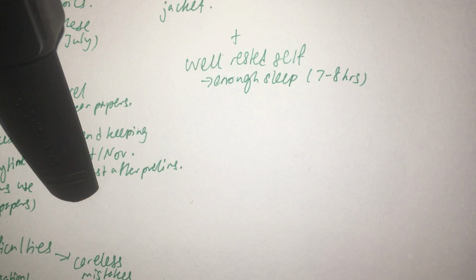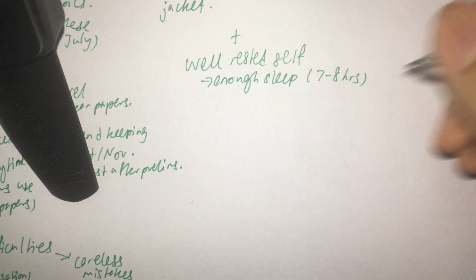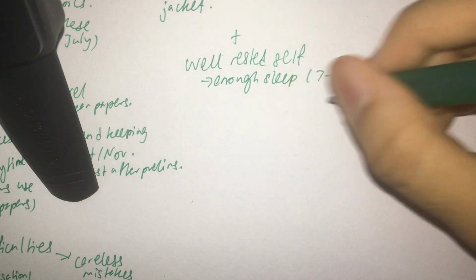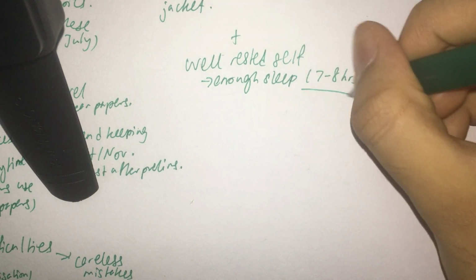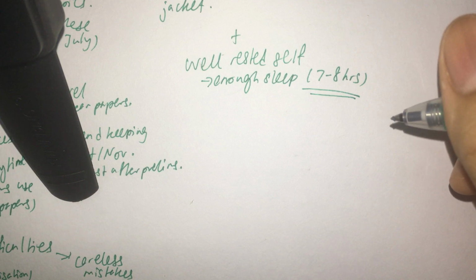You should probably try not to risk it. But if you're the kind who really can function with no hours of sleep, then I don't know what to say. But I would advise, please do get enough sleep before the exam. At least 7 to 8 hours should do the trick.